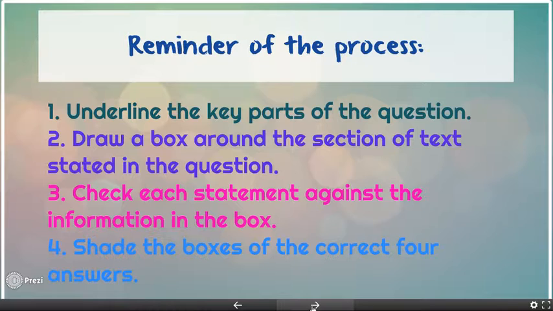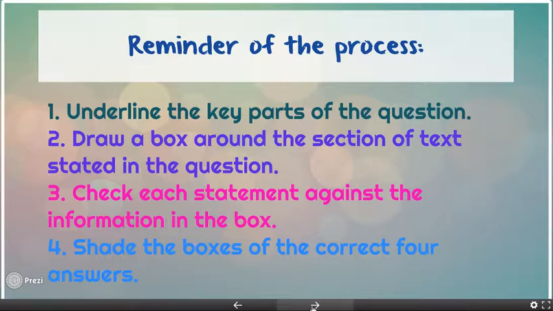Okay, so let's have a reminder of the process. Firstly, you need to underline the key parts of the question, particularly focusing on whether the exam board have told you that you are only allowed to look at a certain number of lines. If they have done that, draw a box around the section of the text stated in the question so that you're not tempted to draw on any information outside of that area, because remember that won't be credited.